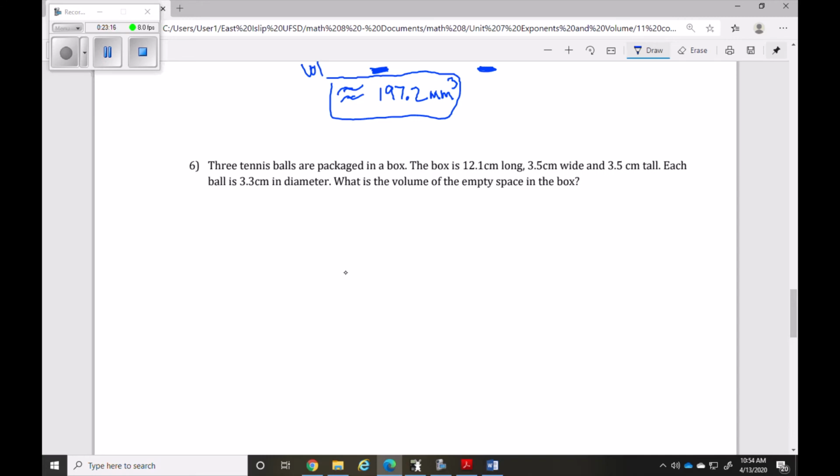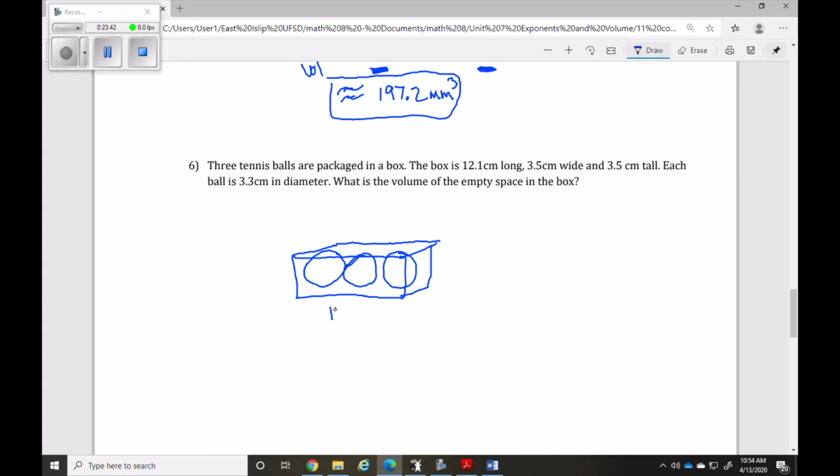Let's draw this picture. It says that 3 tennis balls are packed inside of a box. So maybe the box looks something like this. And there are 1, 2, 3 tennis balls inside of it.